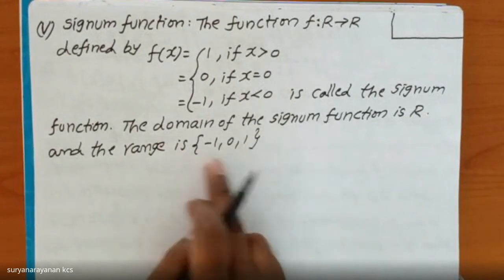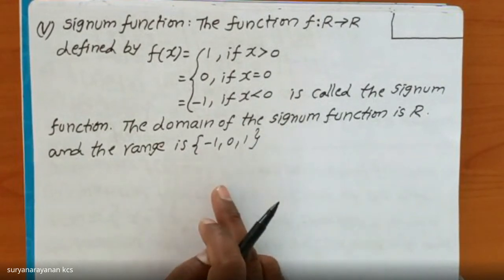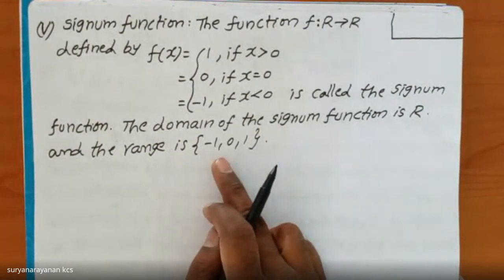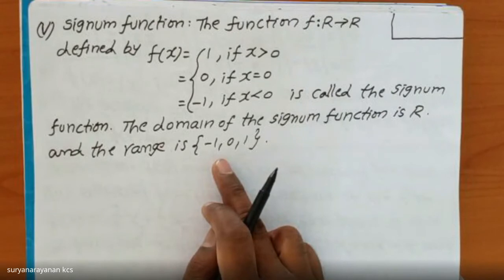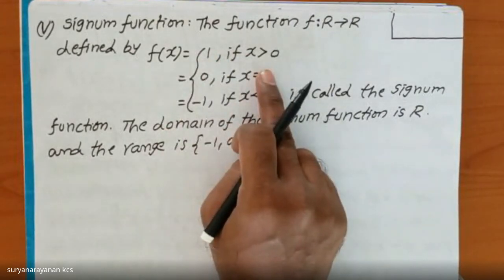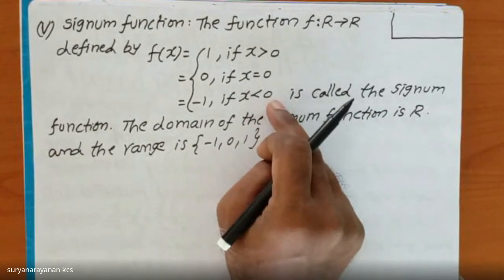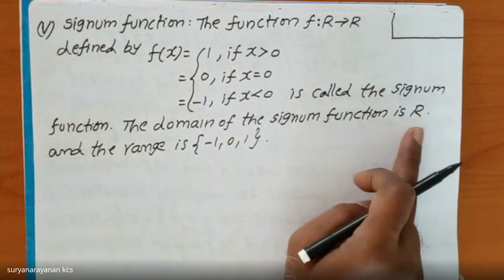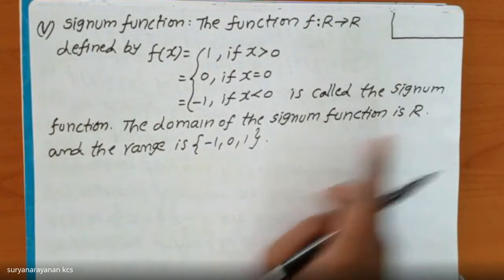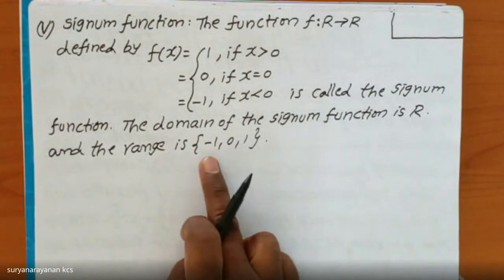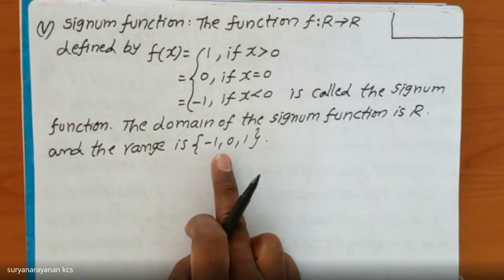Only these three numbers. Okay, this is the signum function. If a function is defined like this, then the function is called a signum function, and the domain of the signum function is the set of real numbers, and the range of the signum function is the set {minus 1, 0, 1}.